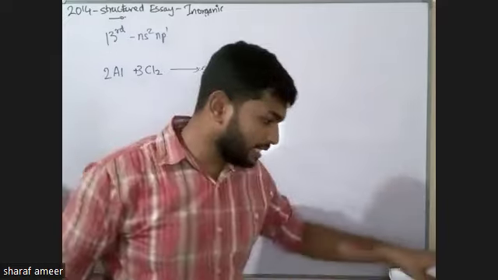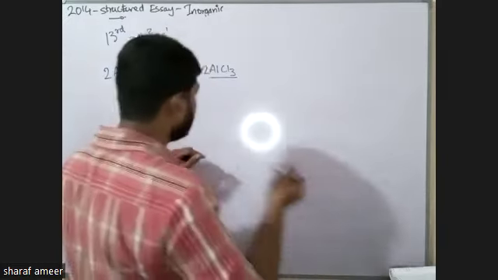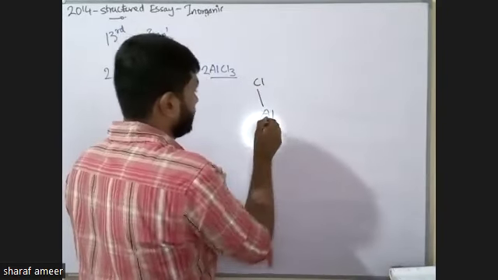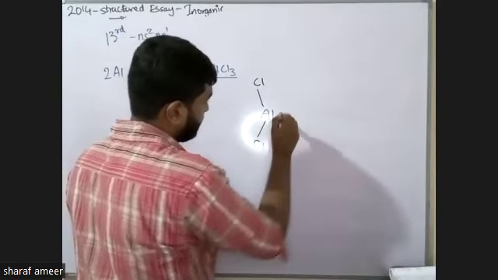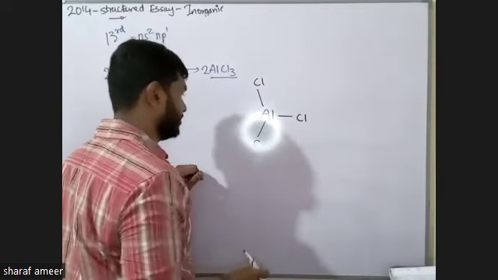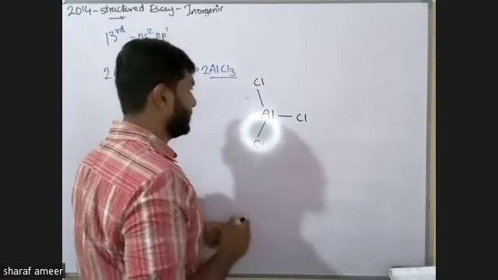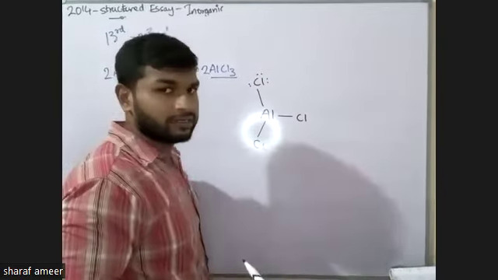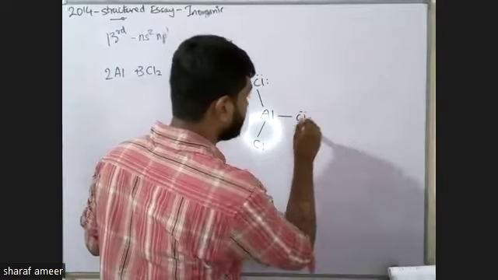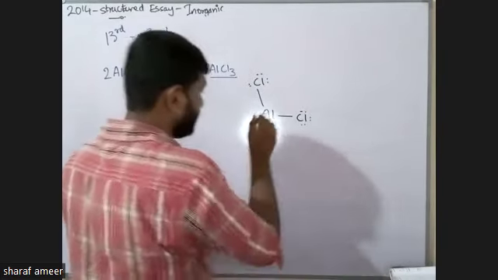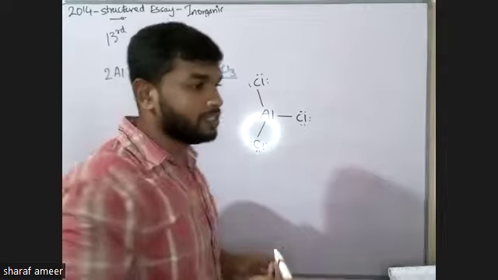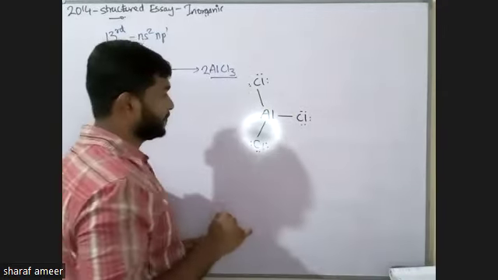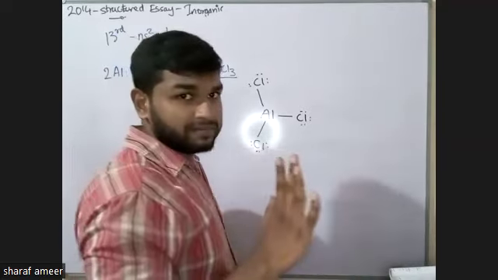Once you consider the structure, let me draw it. The octet rule is fulfilled for this chlorine, this chlorine is also okay, and this chlorine is also okay. But once you check the aluminium, there is going to be a problem. Why?